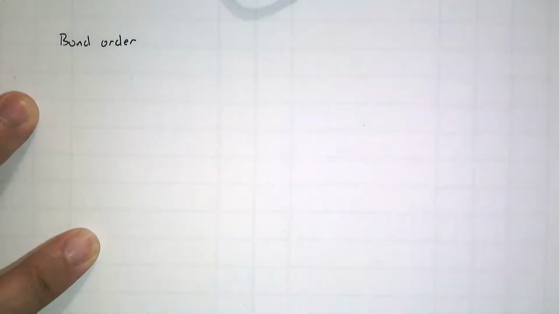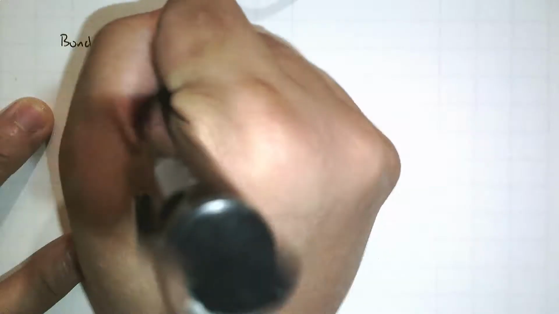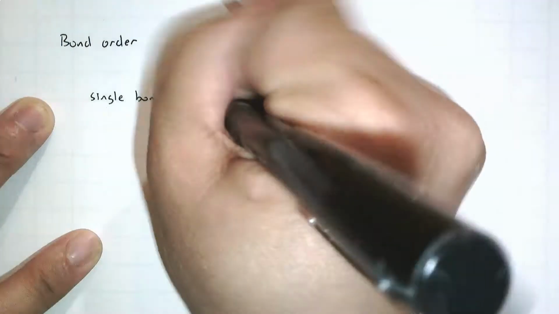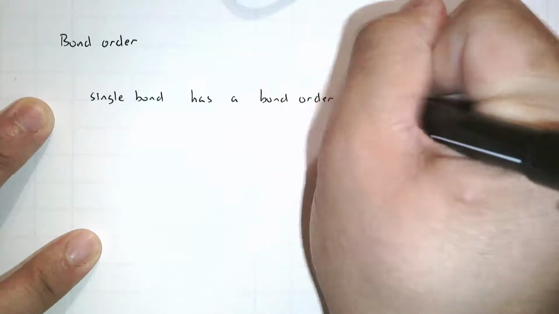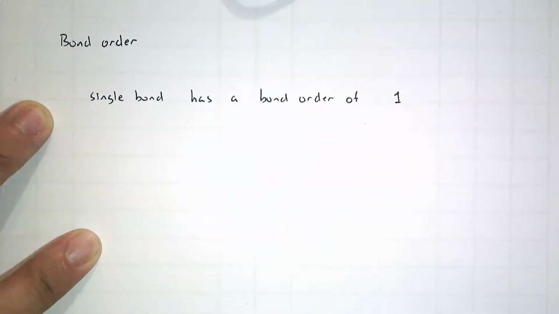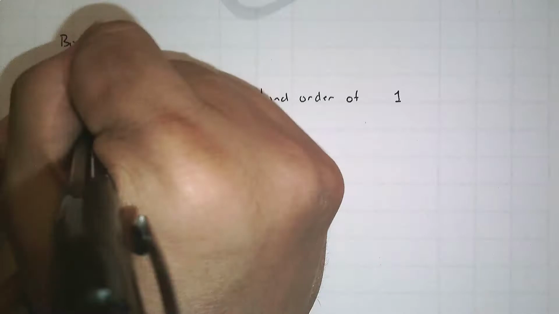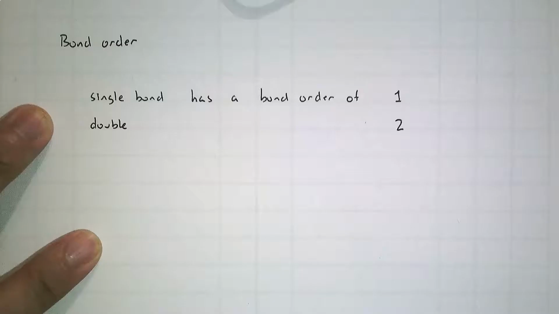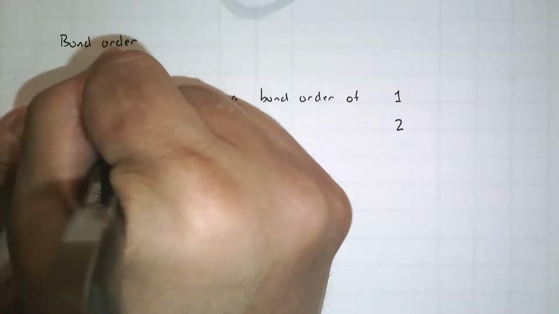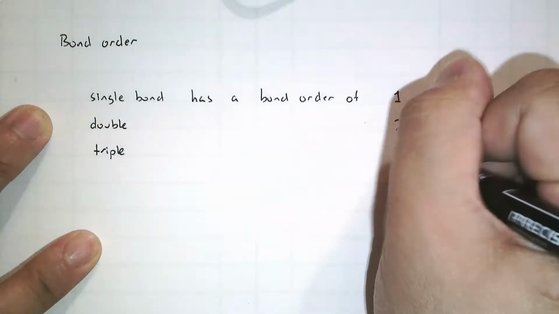And it's very simple so far. A single bond has a bond order of 1. Double bond has a bond order of 2. Triple bond has a bond order of 3.